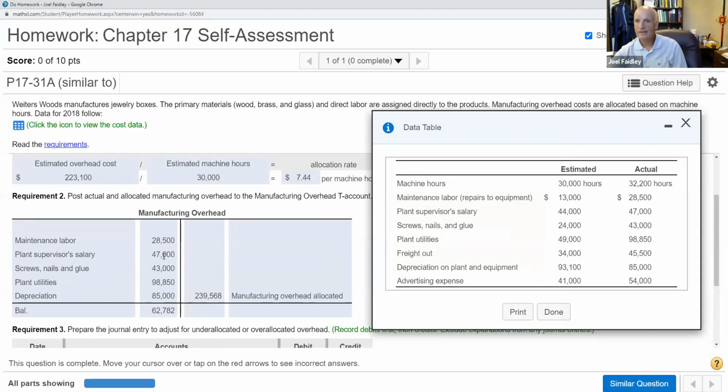But then we've got to compare that against my actual cost. So you've got to populate the left side, going back to the very beginning of this lecture. What is my maintenance labor? 28.5. Plant supervisor salary, 47,000. Screws, nails, and glue, 43. A lot more than the 24, wasn't it? Plant utilities, 98,850. Depreciation. So this is what I actually incurred.